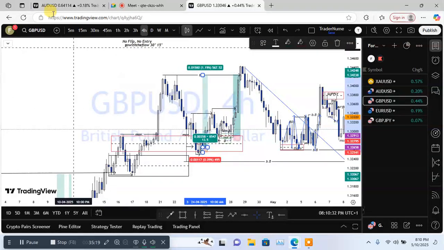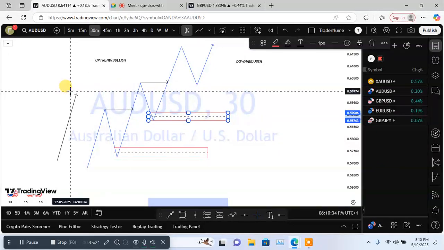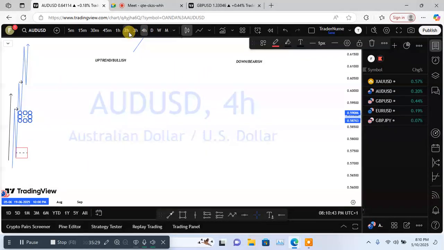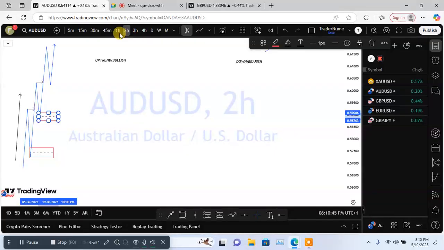To finalize the market structure talk, it is advisable to mark your market structure on the 4 hours time frame or the 2 hours time frame. Sometimes you can also mark it on the 1 hour time frame. Now, market structure will tell you market movement, where price is going to, so that you will know your next action, you will know what to do.